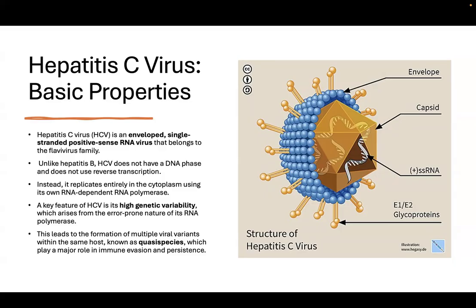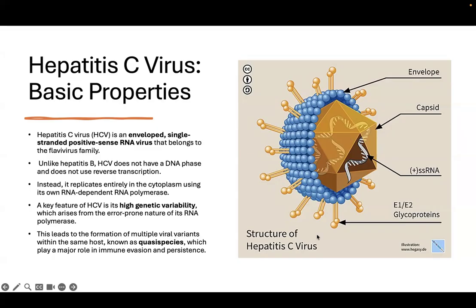But because it has its own RNA-dependent RNA polymerase, it's able to keep producing a lot of genetic variability, because RNA polymerases do not proofread. So let's imagine you're infected with hepatitis C virus.